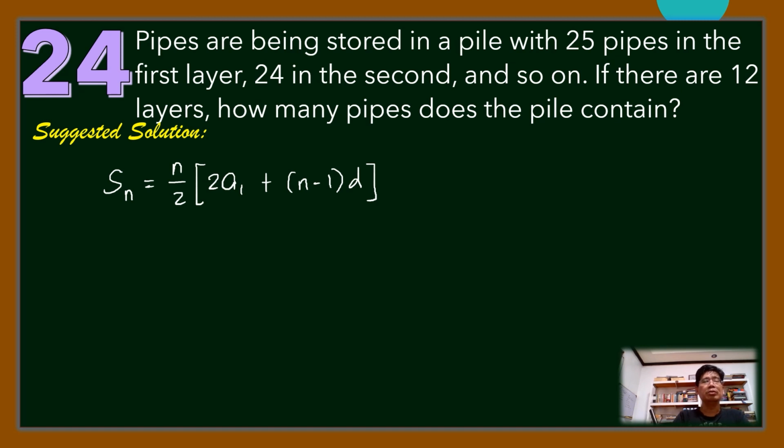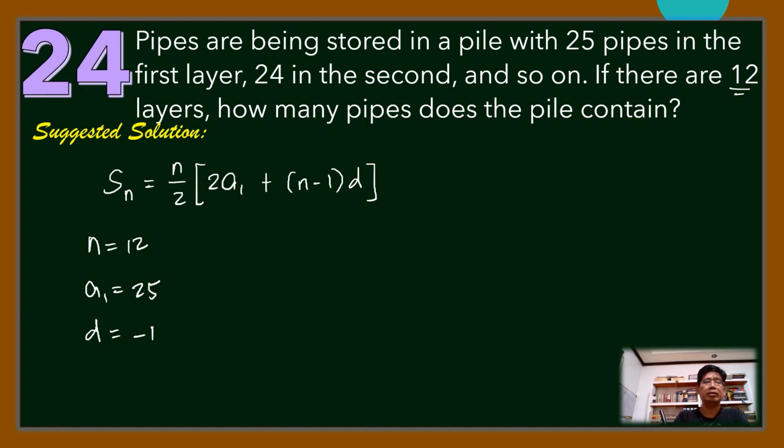We're going to use this formula since we do not know a sub n, or the number of pipes in the 12th layer. From the problem, n is equal to 12, a sub 1 is 25, and the common difference is negative 1, since each layer is 1 less than the previous layer.